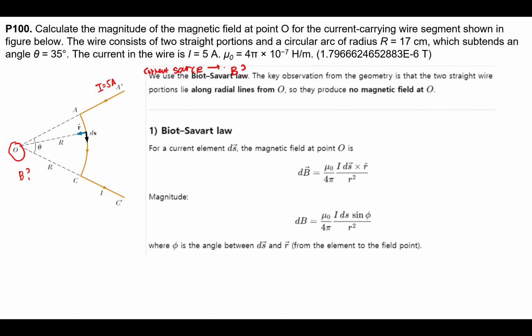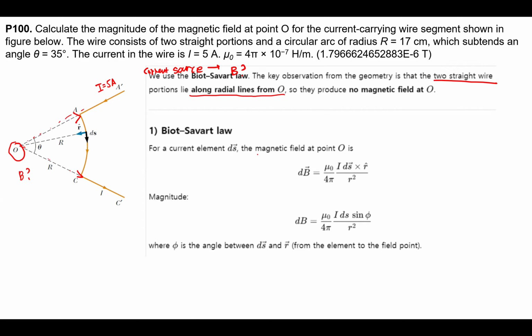Let's try to divide it into the two straight wires. The straight wire portions lie along the radial lines of O. So note that this portion is on the radial direction.